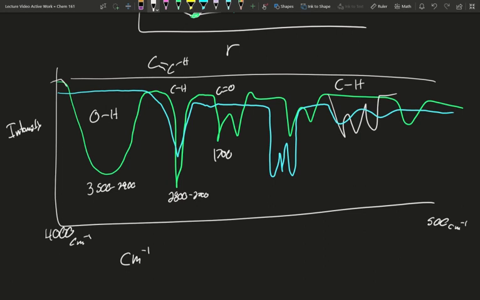If you got one and it looked exactly the same as another one, maybe your intensity was a little different, but it had the same peak values, well, it just meant you had a little more or a little less of the chemical. But if it had exactly the same peaks, it was exactly the same chemical.